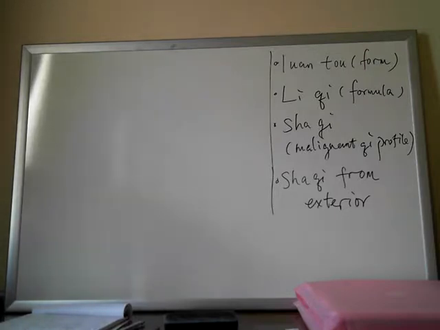The formula means you calculate. This is basically what you have already seen a lot in 8-dimension feng shui in the previous videos. Like we calculate which star is in which location inside the house.